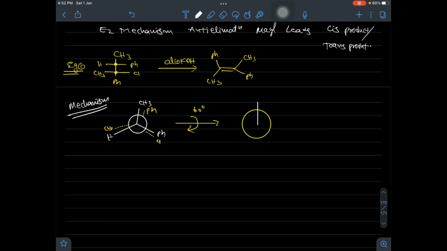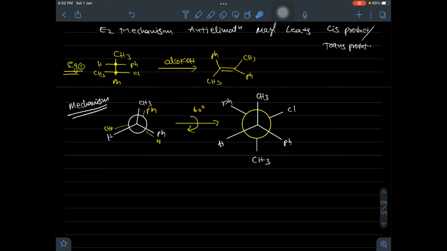Front carbon keep as it is: pH, H, CH3. Along the single bond, this carbon we are rotating. If rotated 60 degrees, it forms here Cl, pH, and CH3.